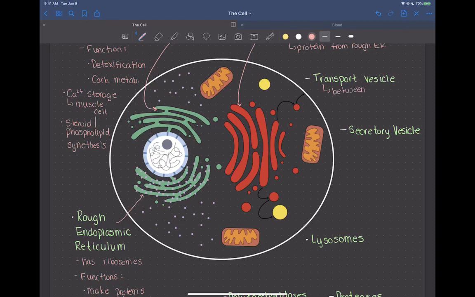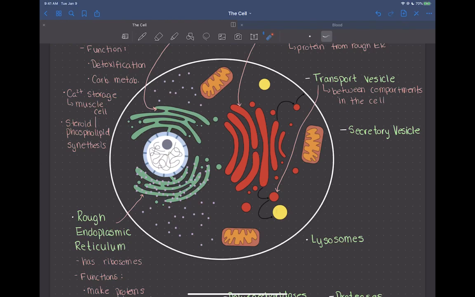If I were to point to a transport vesicle here, and I've got to draw a long arrow, that would be this guy here, because it's going from the Golgi to this other organelle we're going to talk about called the lysosome.